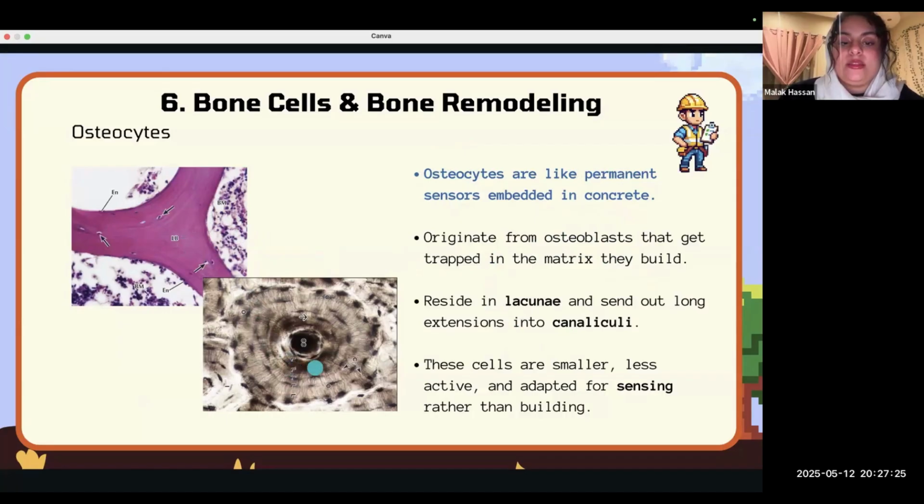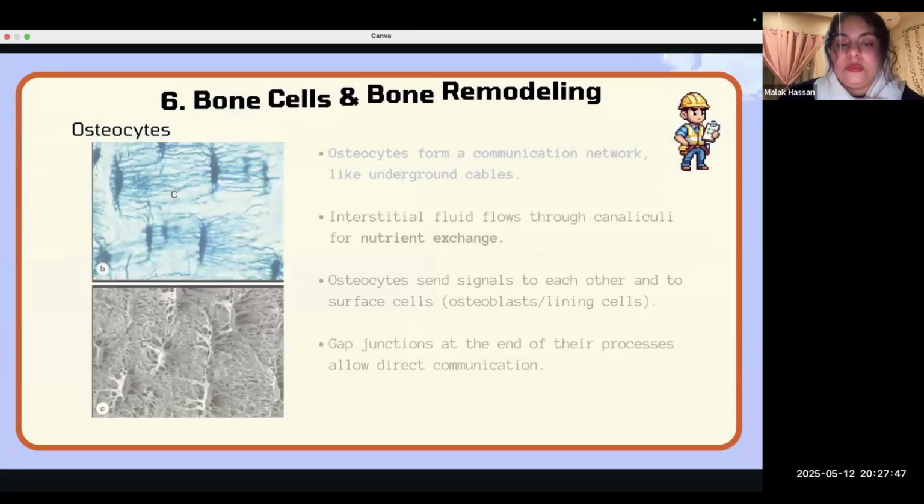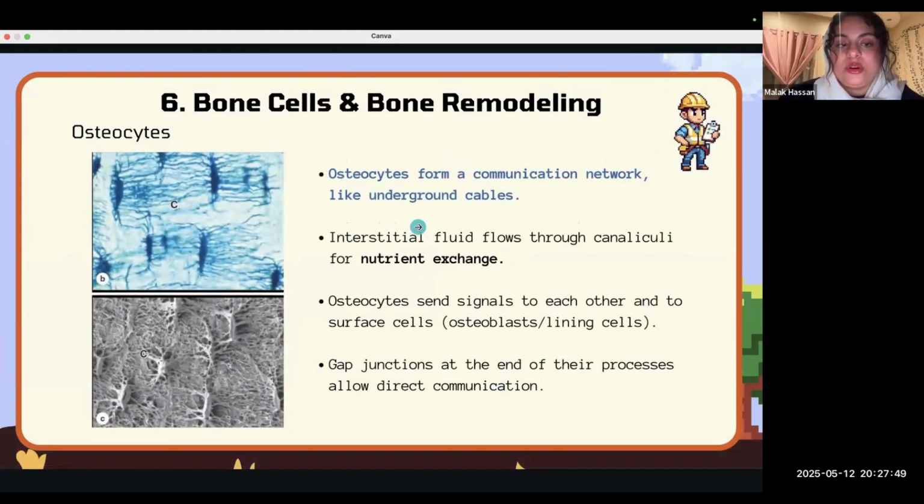Remember how we had the concentric lamellae and the osteocytes sitting in lacunae? And they have extensions called canaliculi, which are like hair-like fibers here. These extensions help the osteocytes communicate with each other. They're not made for building, they're just made for communication.